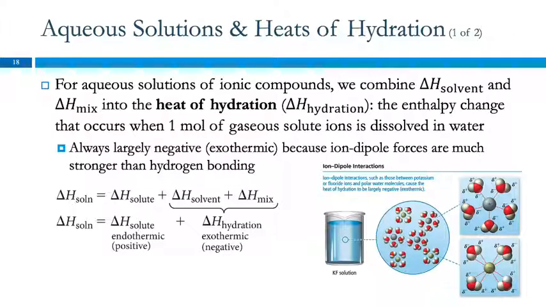So what we're breaking is weaker than what we're forming, and so the net result is that this is negative. Delta H solute is always going to be positive, and so here again, the sign of this could be either positive or negative depending on the magnitudes of those two terms.